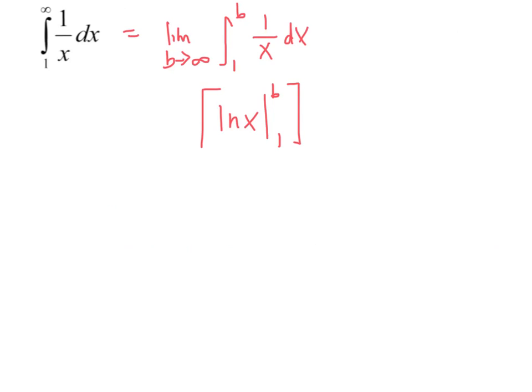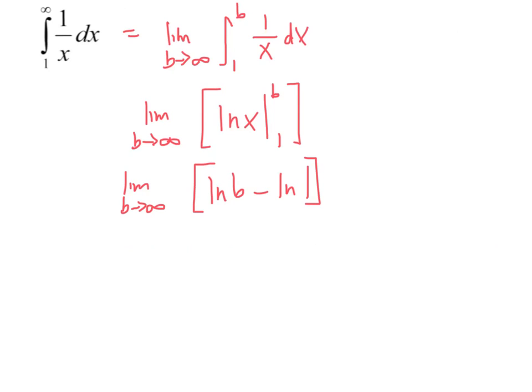I'm not really doing anything with that limit statement yet. Okay, that will come later. Now I plug in b, plug in 1, taking the limit as b goes to infinity.